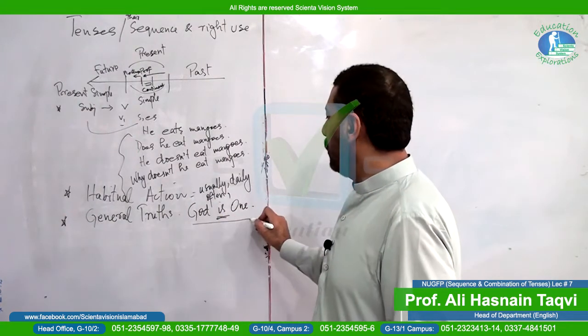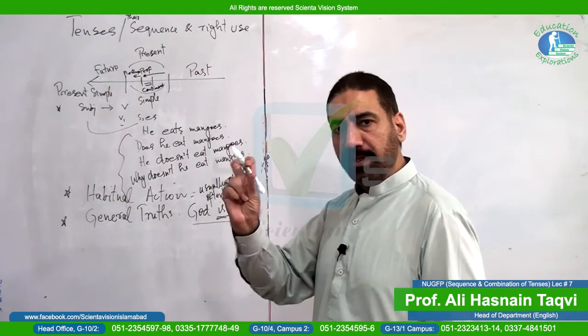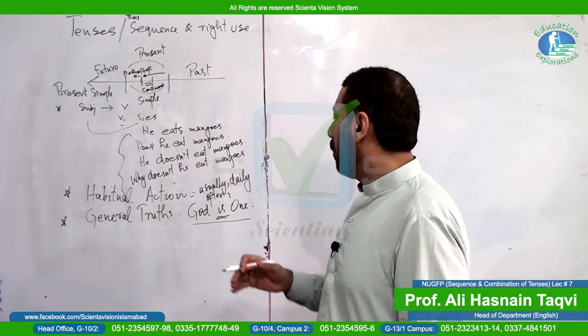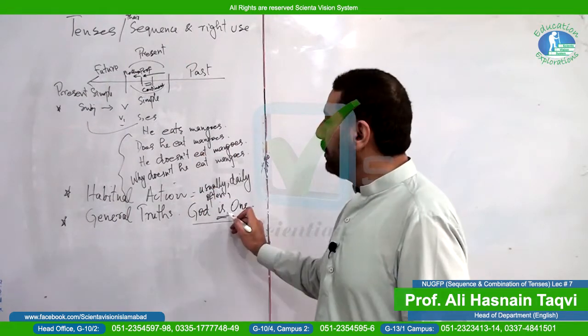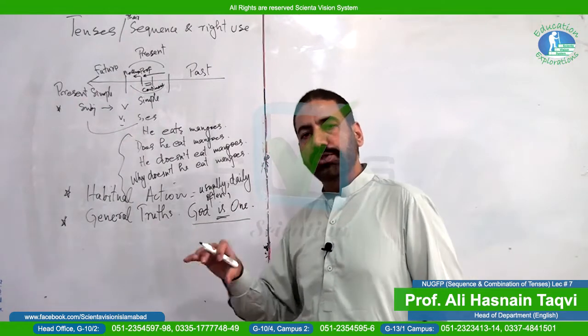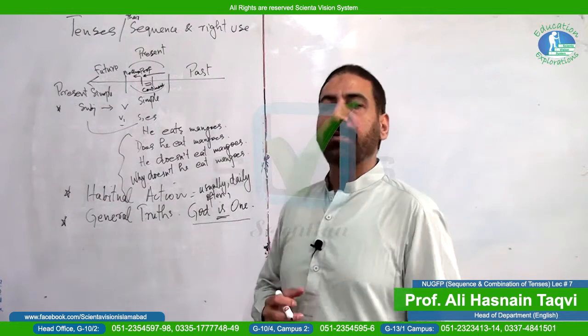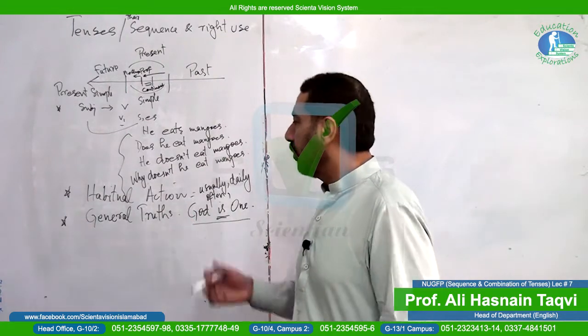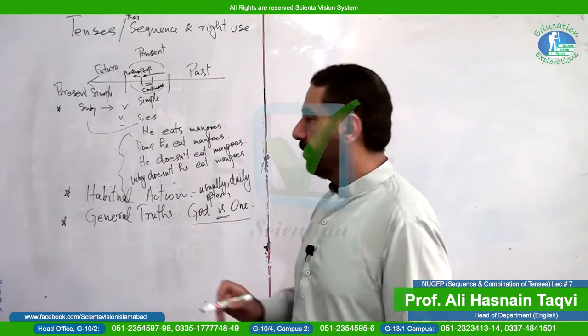So God is one. We cannot say God was one because that would disturb the real concept. God has been one obviously cannot be stated. The only tense that can do justice with general truths, that is this: honesty is the best policy. So remember, even for quotations, general truths, you stick to present simple.